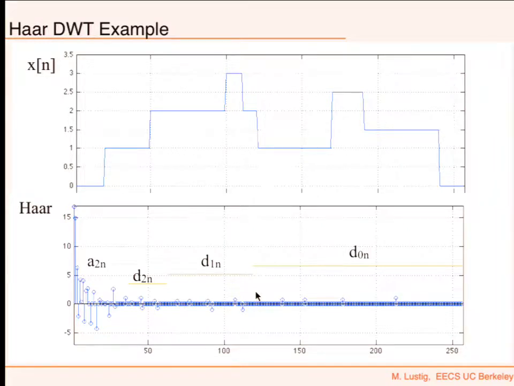Compression. Yes, there's only 26 coefficients that are non-zero here. I can take a 256 signal and represent it using just 26 coefficients exactly. How many bits do I need for this? I need to store the coefficients, right?